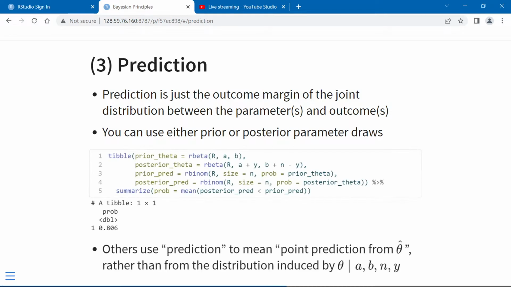So, you know, we can simulate this as well. Draw from the prior, draw from the posterior, draw predictions from the prior, draw predictions induced by the posterior.